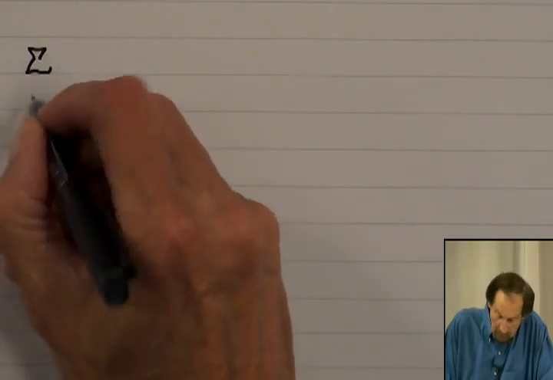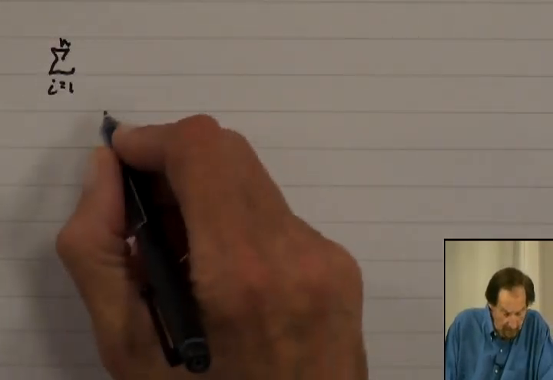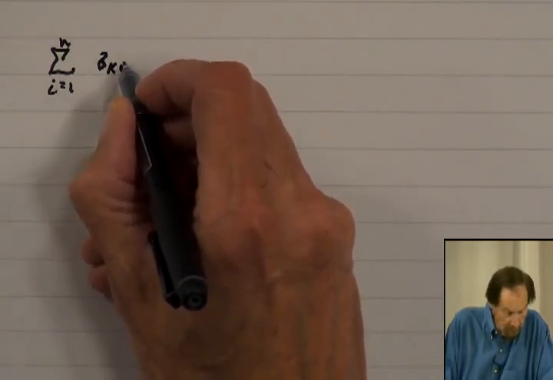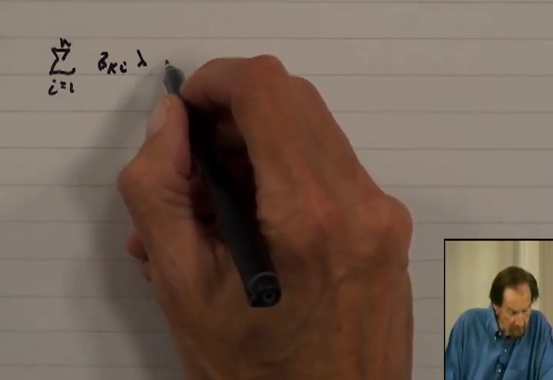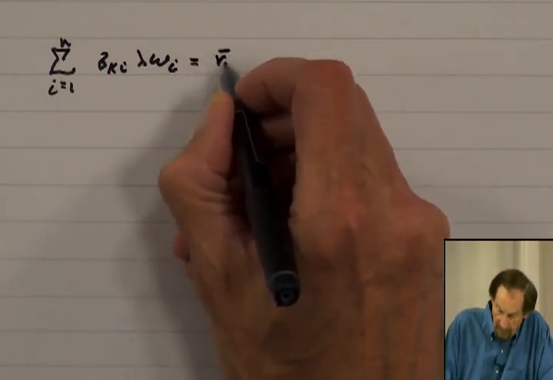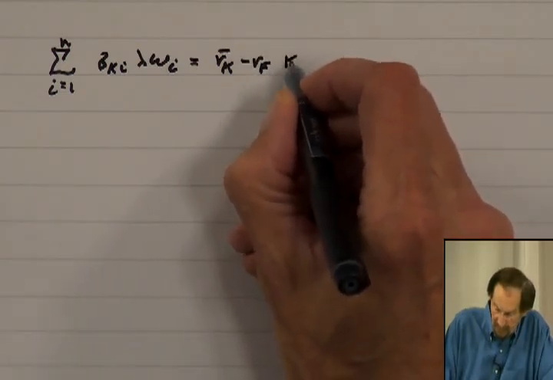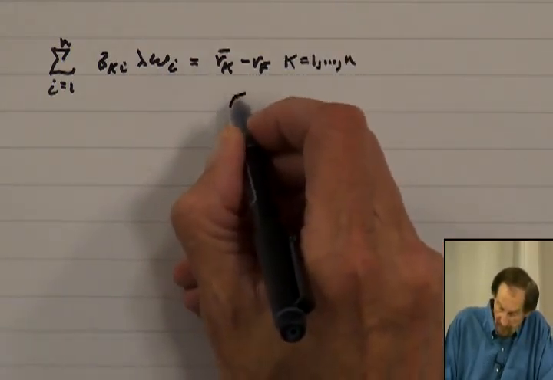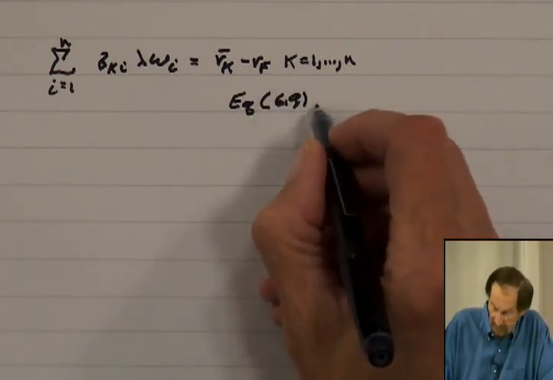You take the sum, i equals 1 to n, over all of our risky assets, sigma ki, lambda wi, equals r bar k minus rf for k equals 1 to n. This is equation 6.9, page 168.